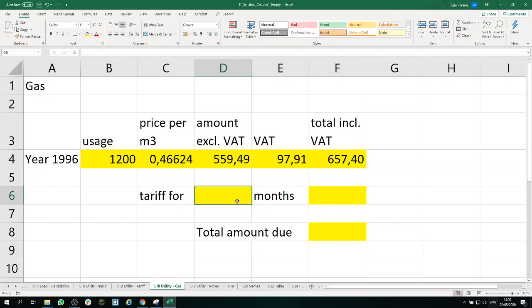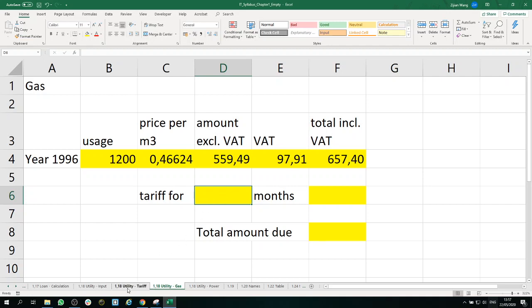The next part, when we talk about tariff for certain amount of months is a certain price. And how many months is a payment cycle? Now we know it's 12 months, but just to be exact, we should refer to a sheet instead of typing in a number.